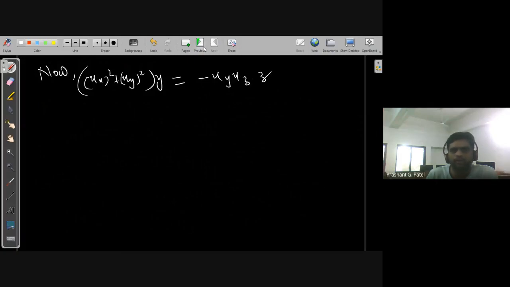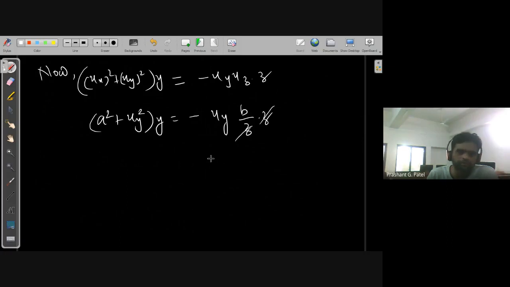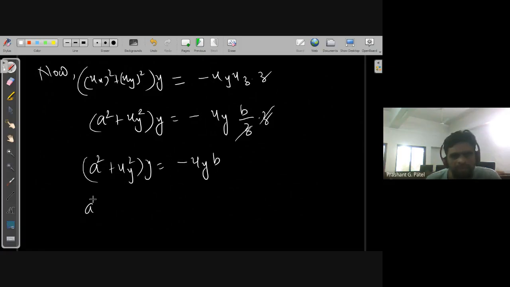Now the value of ux is a, so it is a square plus uy square into y equal to minus uy uz, where uz is b by z into z. This z is cancelled out. So that gives me a square plus uy square into y equal to minus uy into b. That is a square y plus uy square y plus uy b equal to 0.